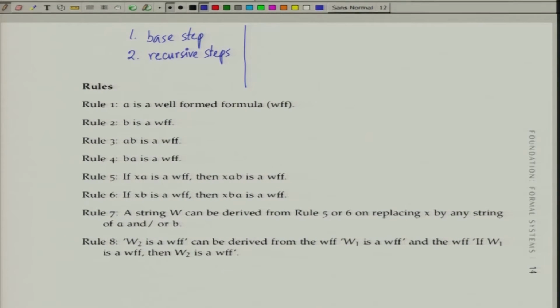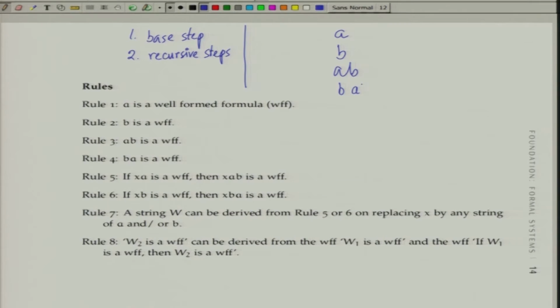Now, what are the base steps of our recursion? It is the 0th step. The rules already say that A is a well formed formula, so it can be A, then B is a well formed formula. These are all starting points, or AB or BA.